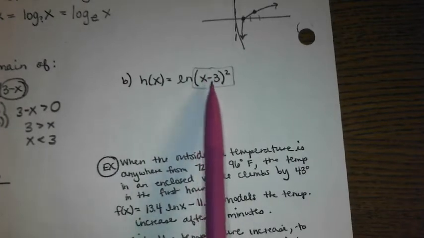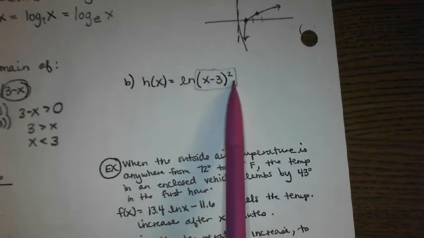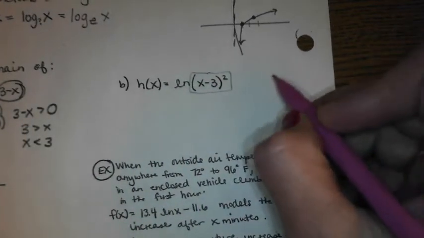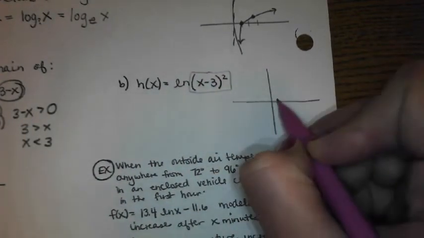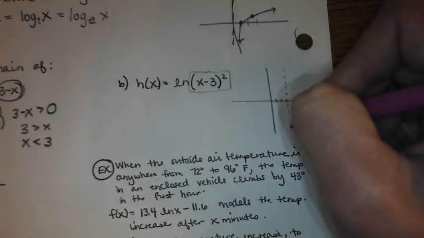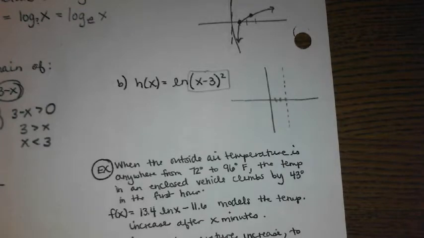What x value will make this 0? 3. You can't have the log of 0, so you'll have an asymptote at 3, which should make sense because that's the way this graph would be shifted anyway. So here's our parent graph.